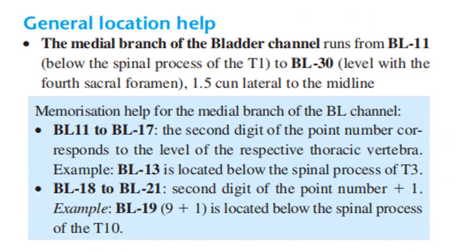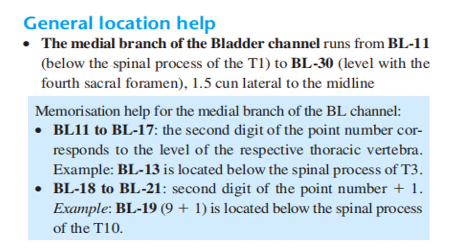General location: the medial branch of the bladder channel runs from bladder 11 below the spinous process of T1 to bladder 30 level with the fourth sacral foramen, 1.5 cun lateral to the midline.